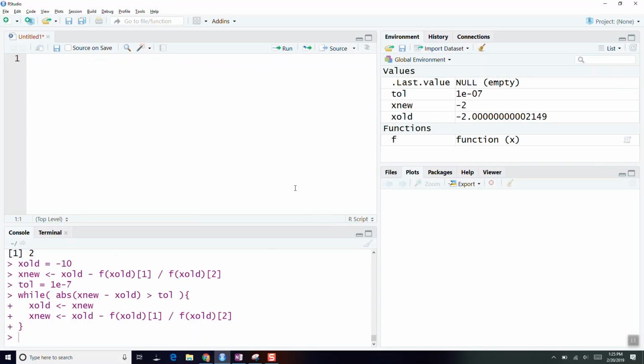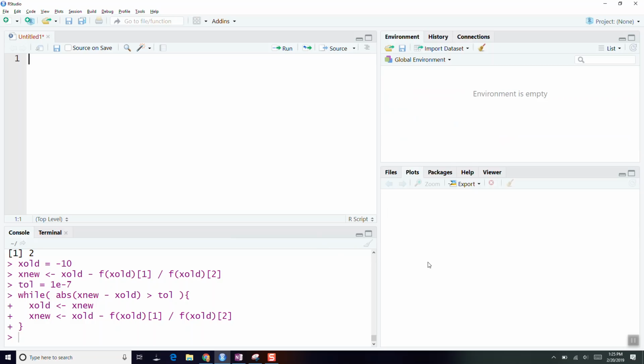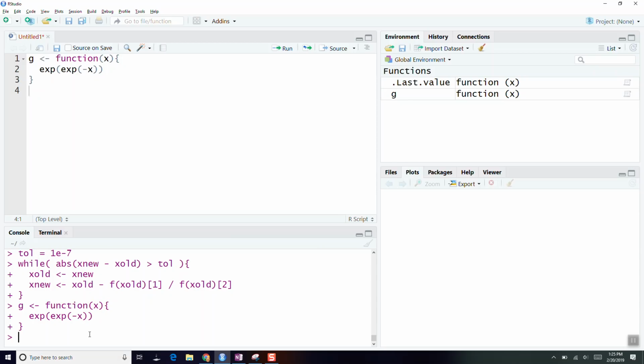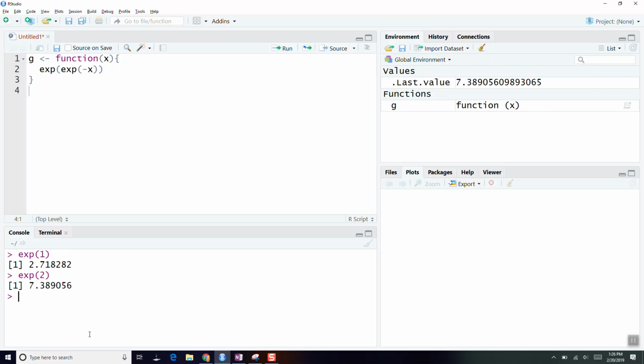All right, so let's go ahead and we'll do this. All right, so g is a function of x, and it's going to be exp of negative x. Right? So the exp function is the e function. So exp of 1 is basically e, 2.7182 whatever, right? And exp of 2 and whatever. Okay. So anyway, this is what we have.